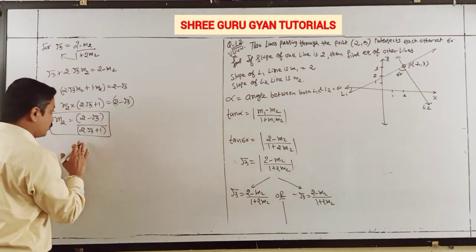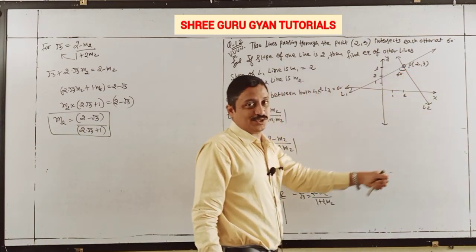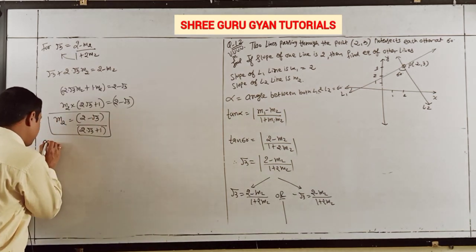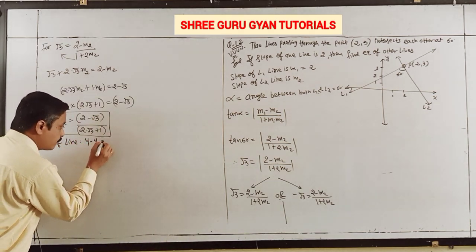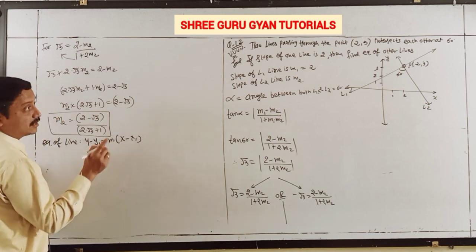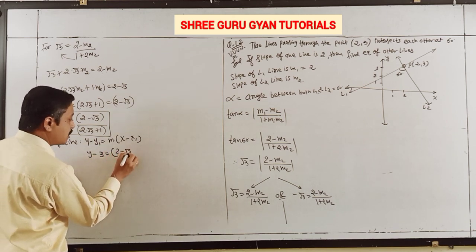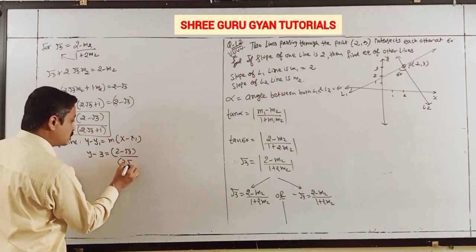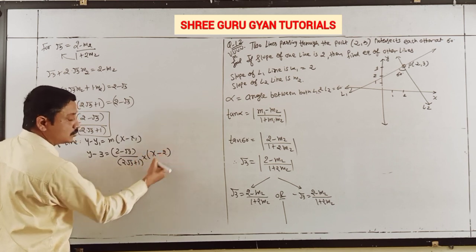Now students, this slope, passing through (2, 3), I know that. So the equation of line is y minus y1 equals m times x minus x1. y1 is 3, the slope is 2 minus root 3 by 2 root 3 plus 1, and x1 is 2.